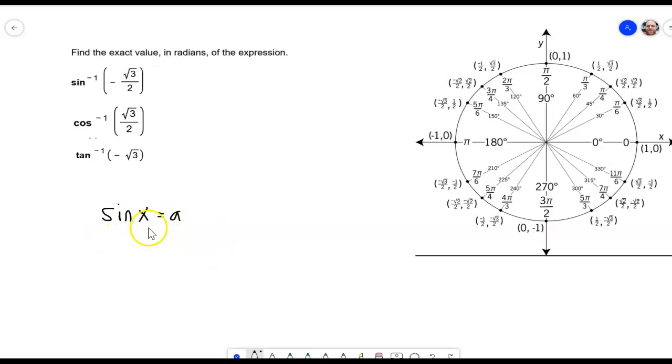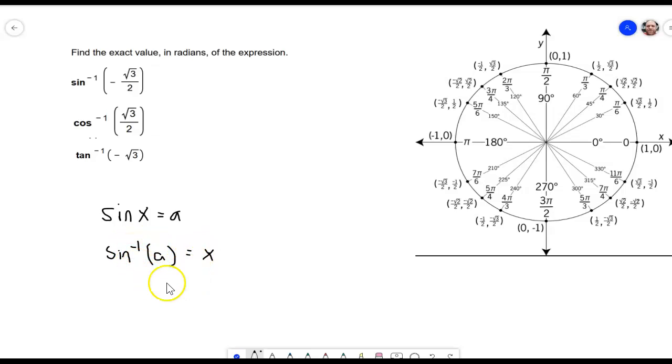Then I can just switch these around and say the inverse sine of that value a is equal to that angle x. You probably should have used a better variable for the angle, but x is an angle and a is the value. So all you're doing is just switching around the value and the angle. And that's all the inverse trig function is really doing.